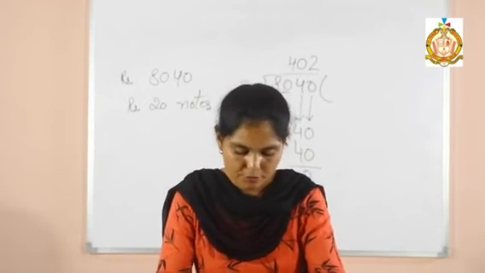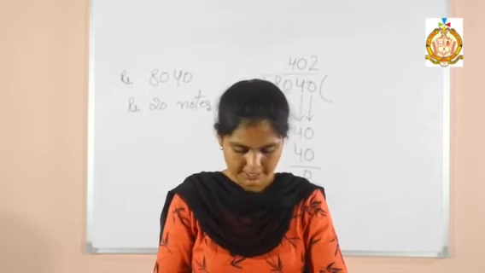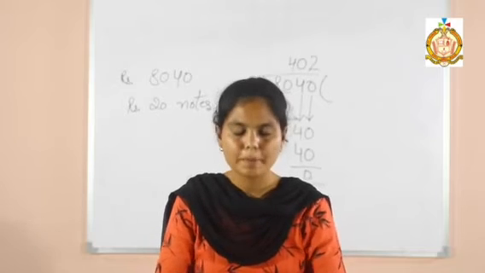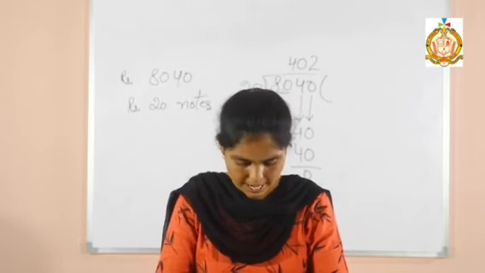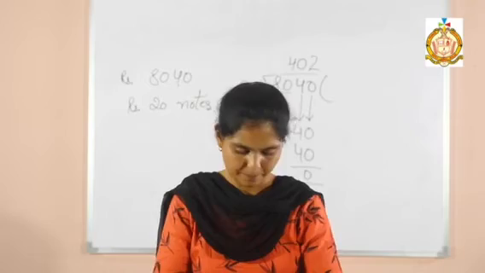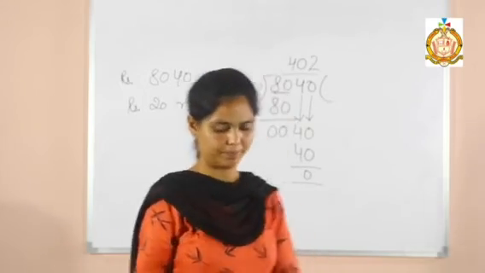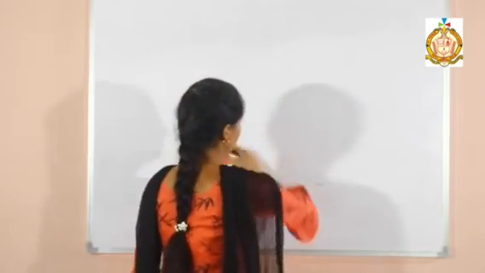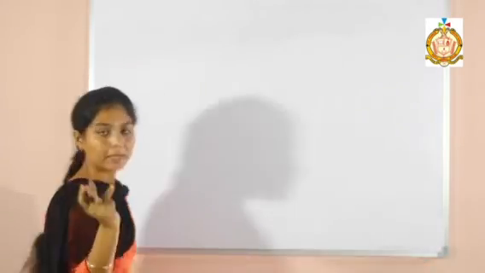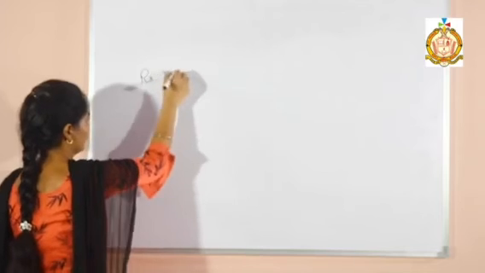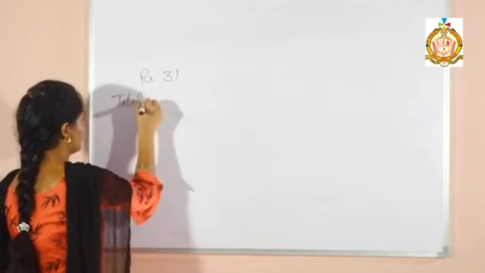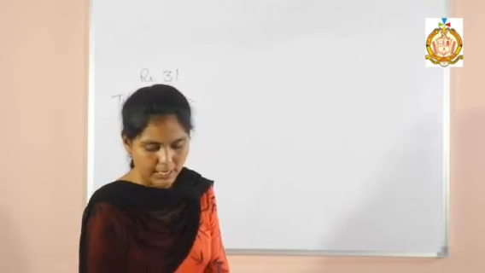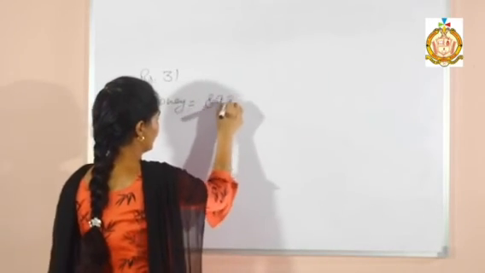The next question is, if each person donated rupees 31 to the Prime Minister Relief Fund and rupees 8,928 was the total amount collected, then how many persons contributed? That means one person donated rupees 31 and the total money is 8,928.